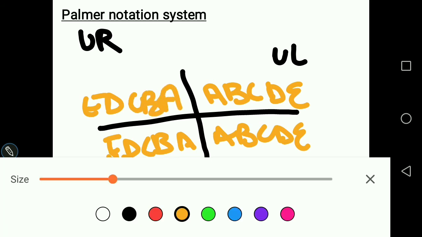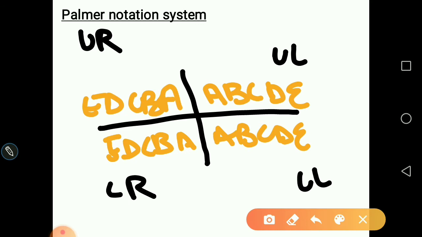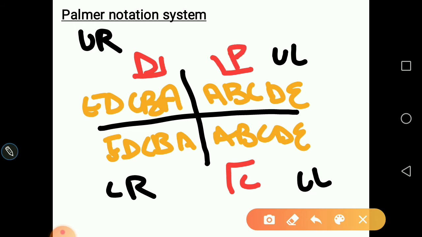Okay, now if I say lower left canine, so for lower left this symbol and for canine C. Upper right first molar, so for upper right this symbol and to define the tooth I say D. If I say upper left lateral incisor, so for upper left this symbol to define the quadrant and for lateral incisor B.